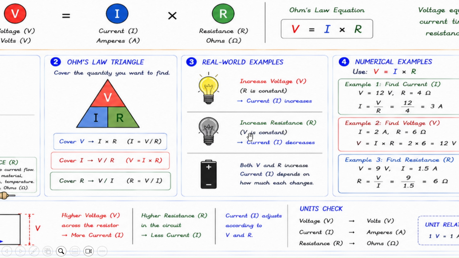At the same time, if we increase R, the current will decrease. So let's look at the current, assuming V is constant. V is constant here, and R increases. R is inversely proportional to I, meaning if you plug in the math, if R increases, I is going to decrease.